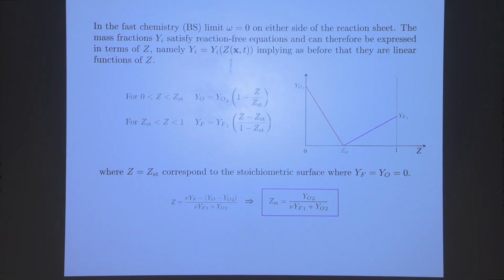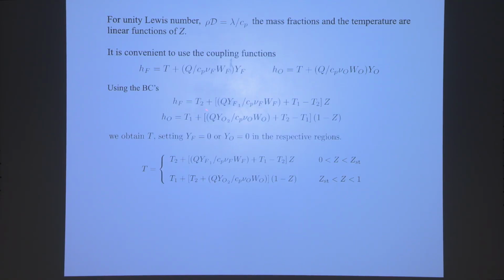Okay? And now what about the temperature? In general, the temperature cannot be expressed in Z, but if the Lewis number is 1, yes, for the same reason. The way to obtain it in a simple way is to write the coupling functions T plus YF and T plus YO.